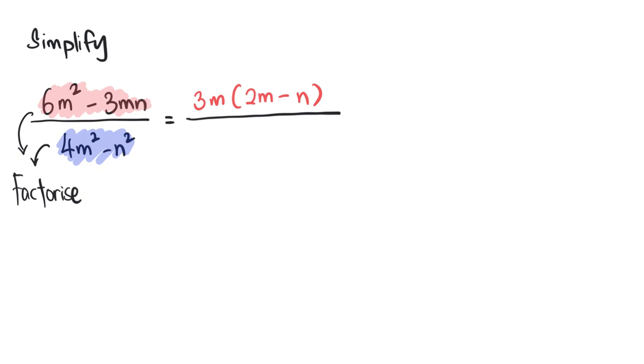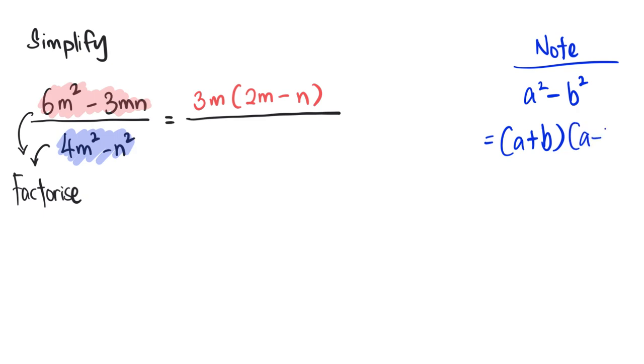And when I look at the denominator, let's focus on the right-hand side of the video. I do remember this special product where we have a squared minus b squared equals a plus b, a minus b.